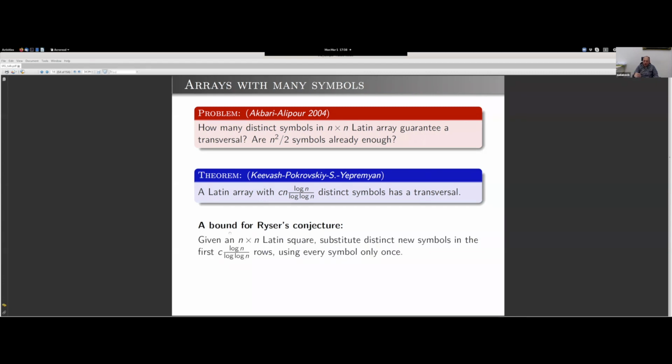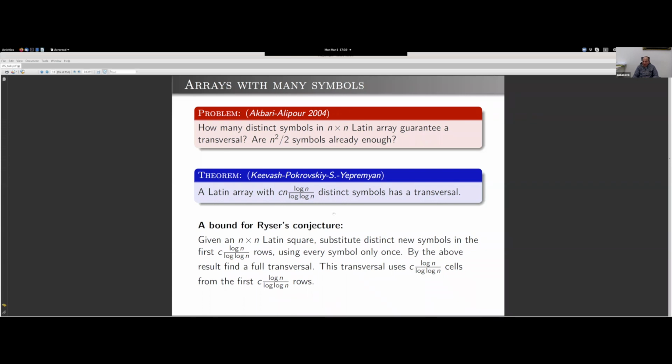So what you do, you start with your Latin square and you delete symbols in the first log n over log log n rows, and you put there in every square a new symbol, and you put it exactly once. Now, obviously, you didn't destroy the properties of an array, so you got a Latin array. And this Latin array by construction has n log n distinct symbols because you put them there.